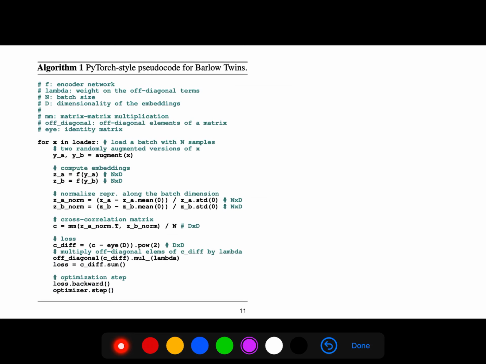So this is the PyTorch pseudocode. First, you load a batch with n samples. You get the two randomly augmented versions of X like any other algorithm. Then you normalize the representation along the batch dimension. After that, you calculate the matrix Cij, all the components of this cross-correlation matrix.